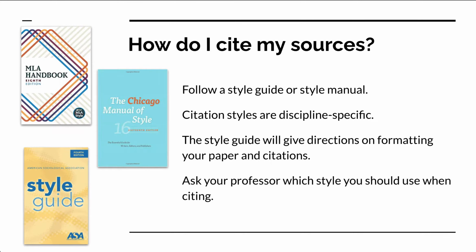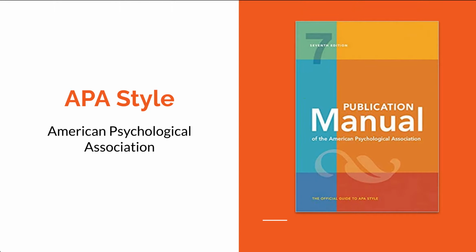Ask your professor which style you should be using when citing your sources. For this workshop, we're going to be focusing on APA style. APA style is coming from the Publication Manual of the American Psychological Association, and they're currently on the 7th edition of this title.